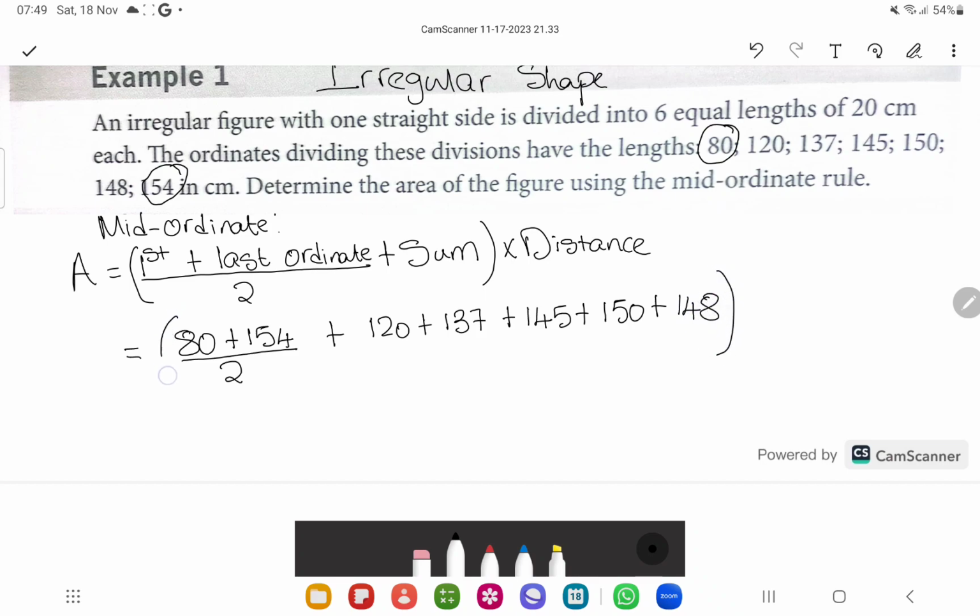Then you multiply it by the distance, which is 20 centimeters.